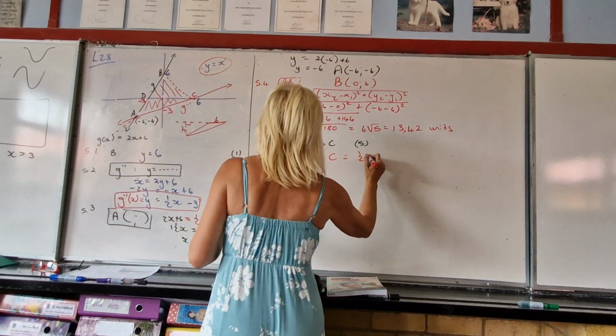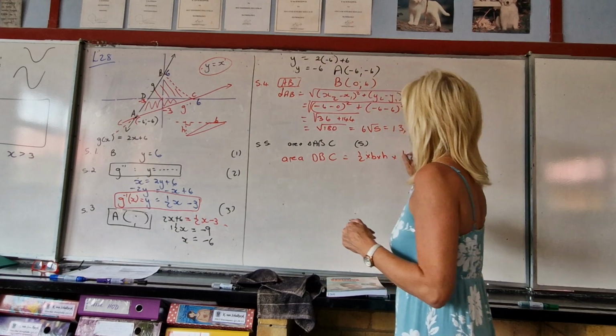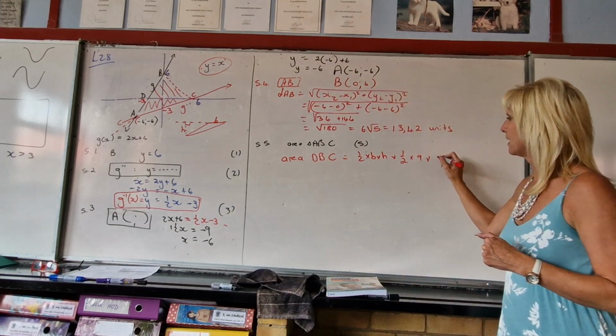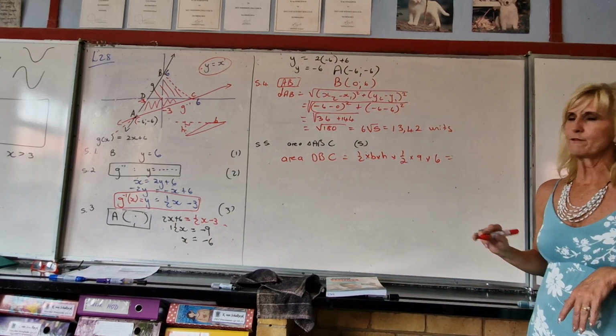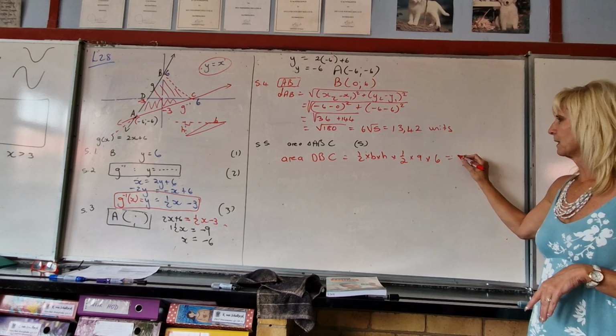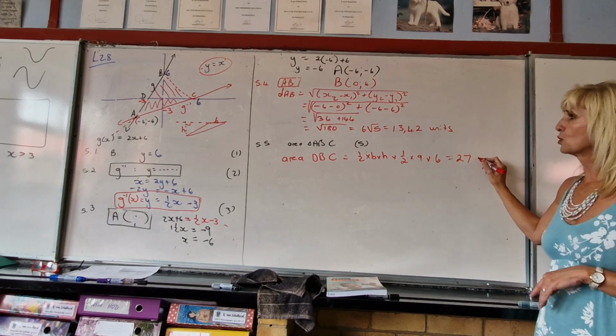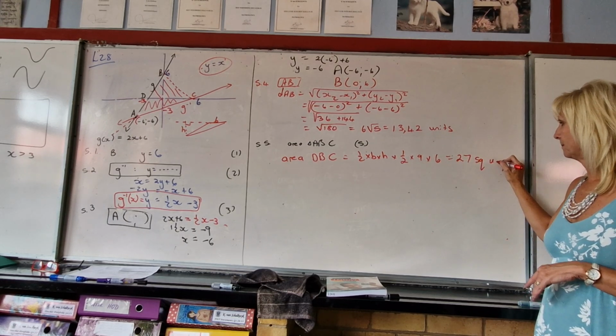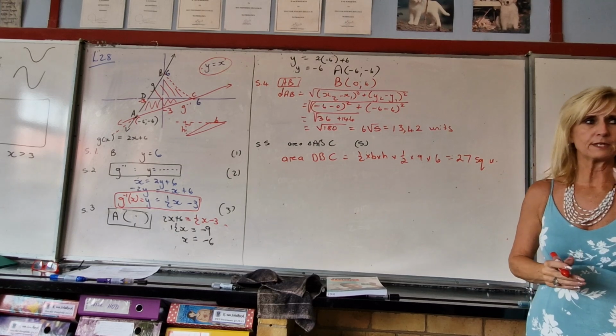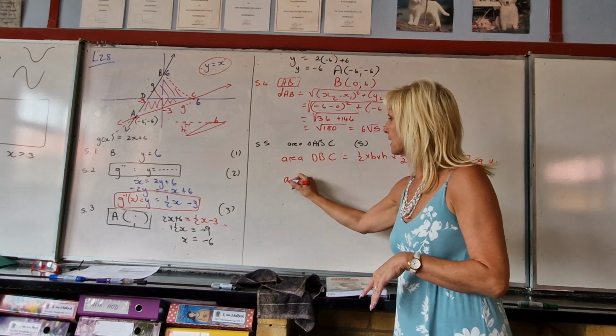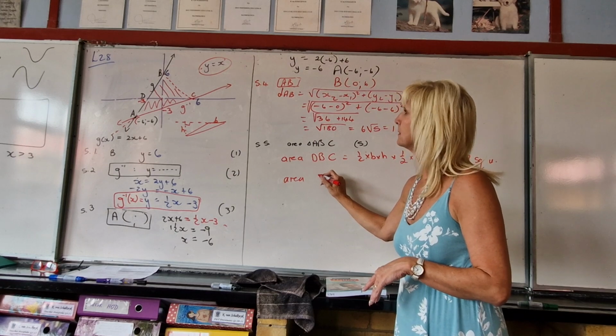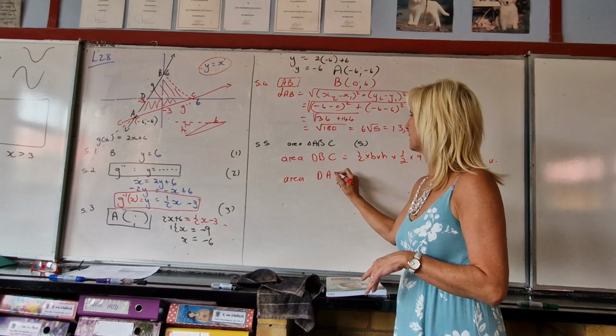So let's look at triangle of area DBC. That'll be half base times perpendicular height. You said the base is 9 and the height is 6. Will give me 27. Square units. Do you agree with me? Because I'm busy with area. And then what's the area of the other triangle? The AC.